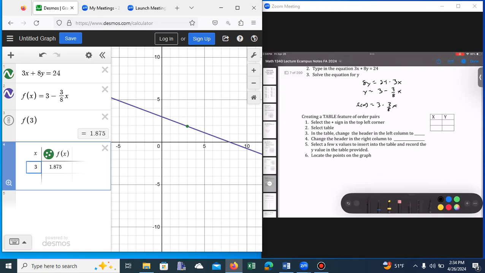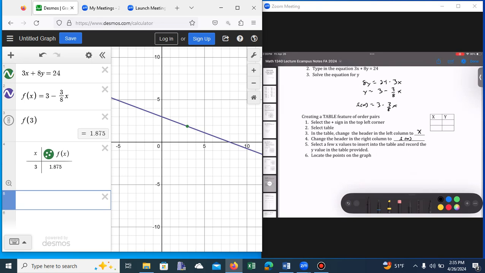There's directions here. You select the plus sign up here, create a table, and just go down to the table. And you want to change the header in the left column to x, and change the header in the right column to f of x. Later on when you have multiple functions, you have g of x, h of x.